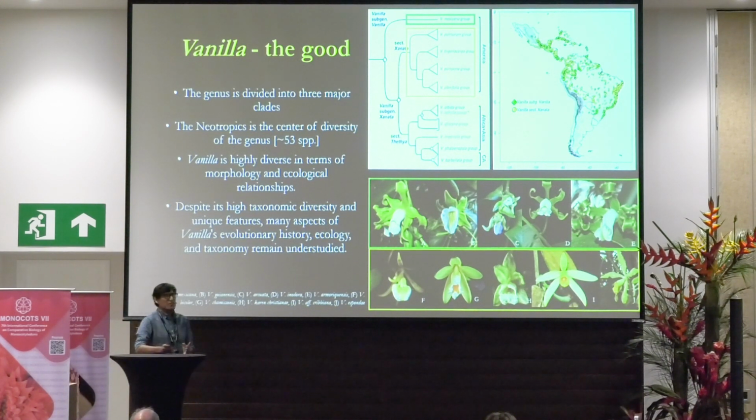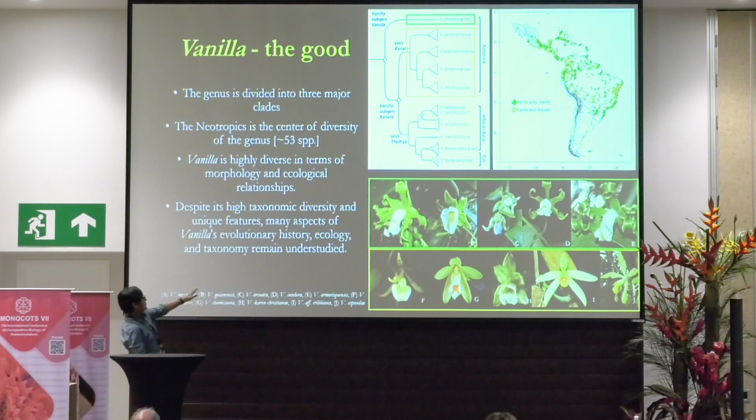And we know that the center of diversity of vanilla is the Neotropics, with about 53 species. That may change over time, but yeah, around that number. And it's highly diverse in floral morphology, as you can easily see in these images.